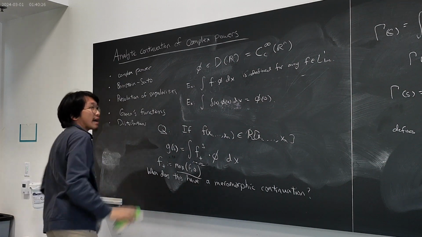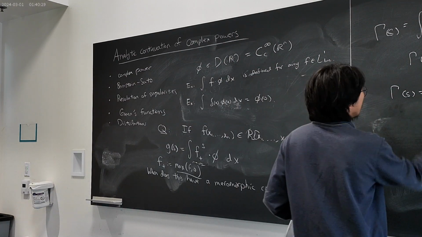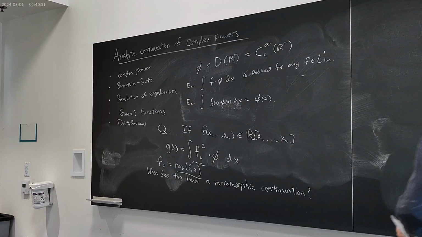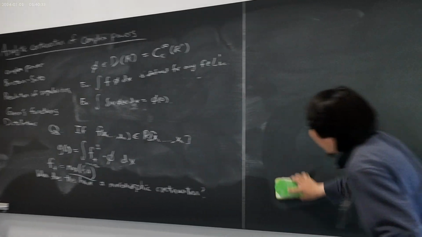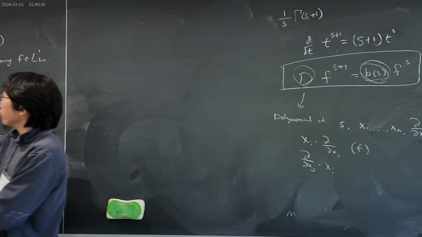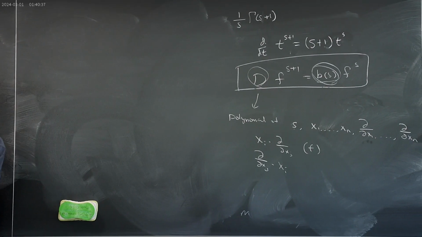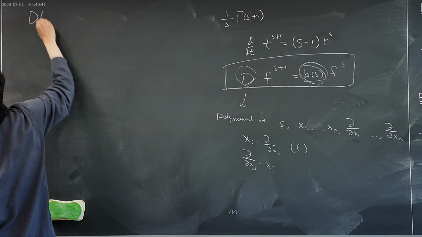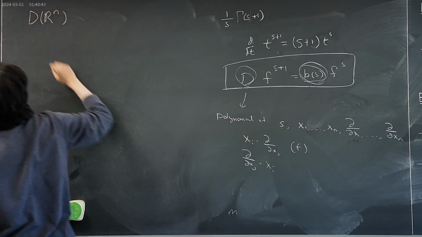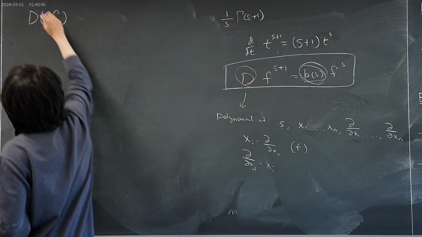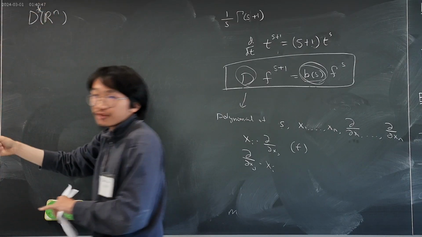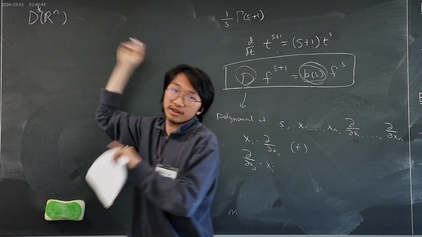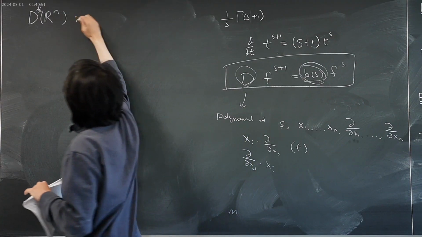So, what are distributions in general? Distributions are generalized functions, but they're also objects that you can plug a test function into. So, if we take the space of test functions and take its dual, that is, the space of linear functionals from this to the complex numbers, this is our space of distributions.